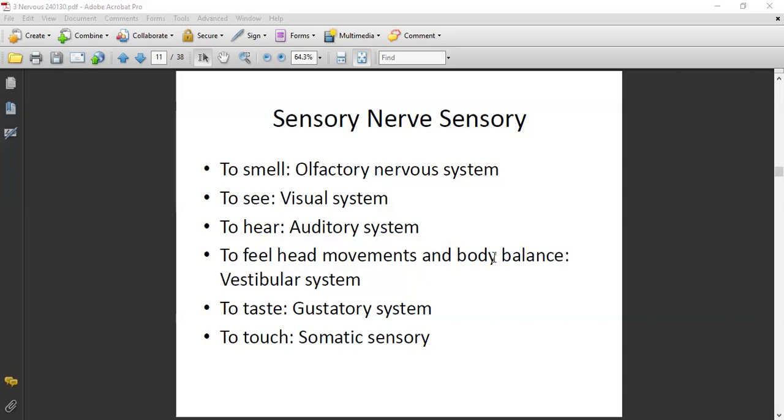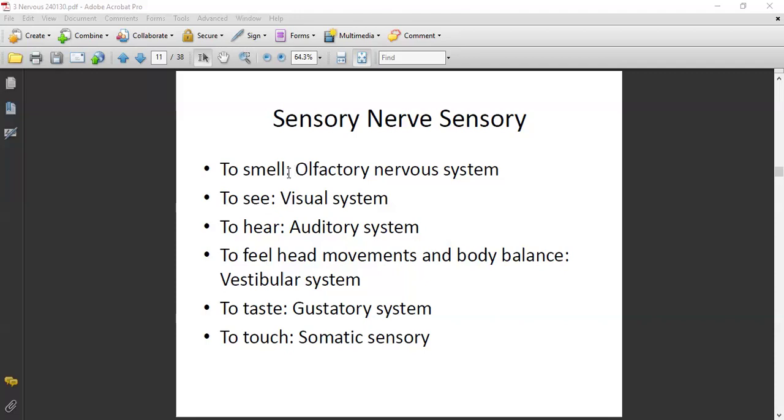So how do you make a comprehensive understanding of this? Basically what we need to know is that there are different kinds of sensory signal. What we will talk about first is chemical. So for example, smelling is chemical.